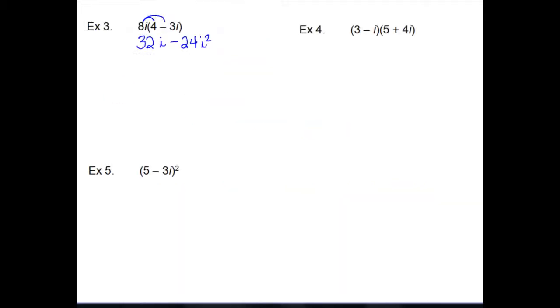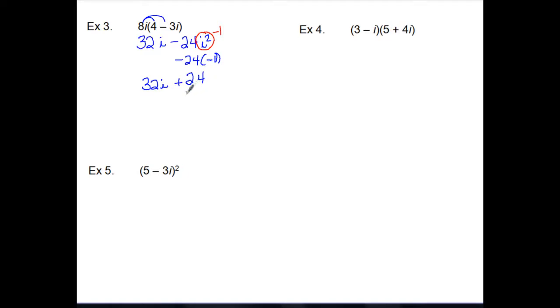You never leave an i squared in your answer. i squared is -1, so you replace that with -1. So this actually ends up being -24 times -1, which ends up being +24. So this is 32i plus 24.